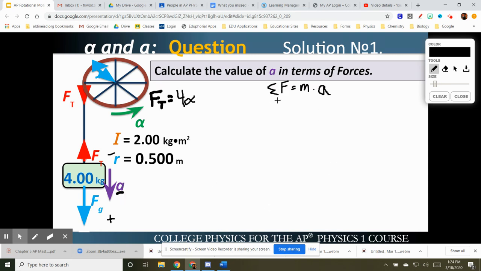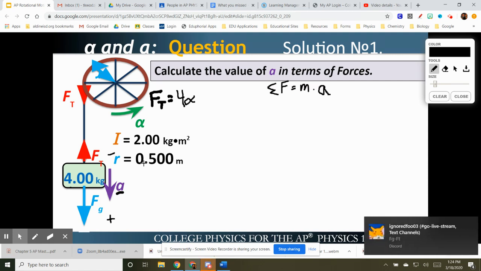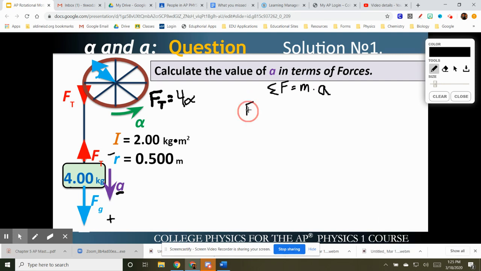So what do we want to put for the sum of the forces? If we're going to do that, downward is positive and upwards is negative. Yeah, Gabriel, it would be Fg minus Ft. Because, Jayla, in this case, the force of gravity is pointing downwards, and we want the downwards direction to be positive this time.